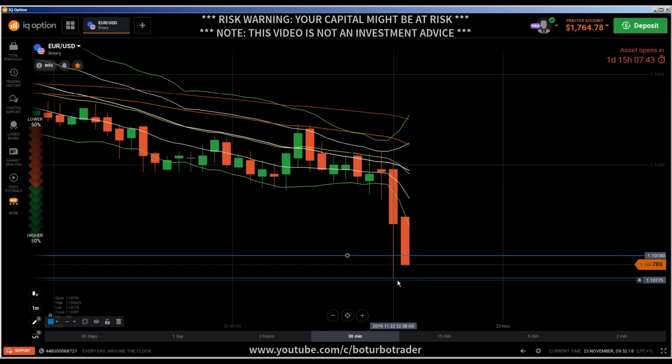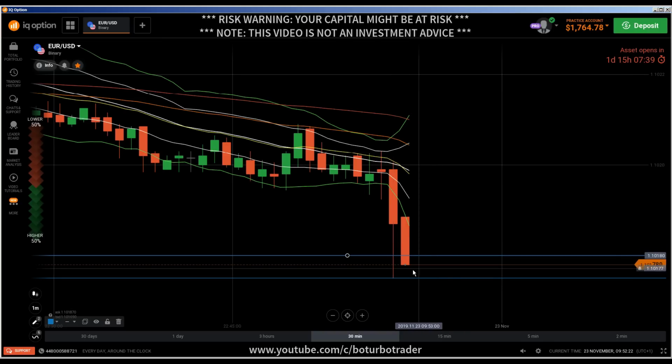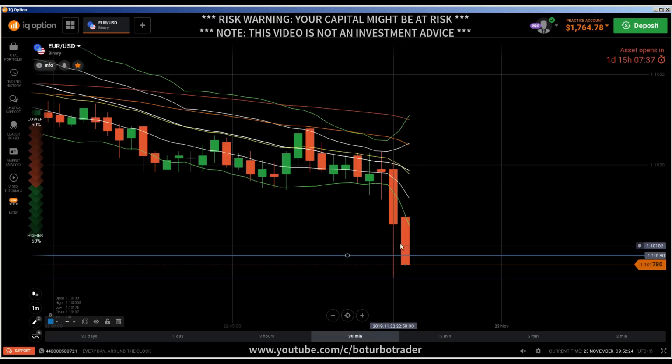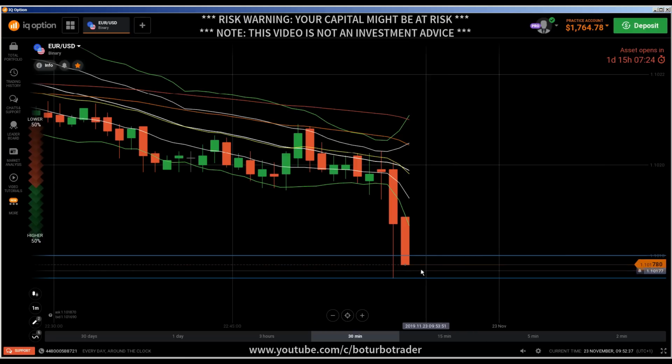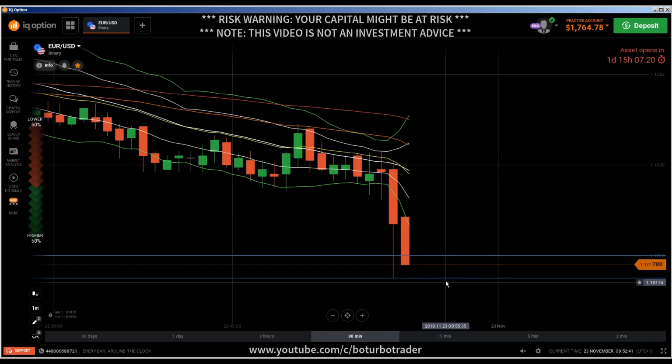I would only do a put, and that below the closing price, because here I would try to get above the round number into a put, because I am pretty much sure that the next candle after this candle would be a weak bullish or weak bearish candle, because here we are going into some kind of consolidation area between the round number and the support level. So that was only to make it much clearer how I decide to do my trade.